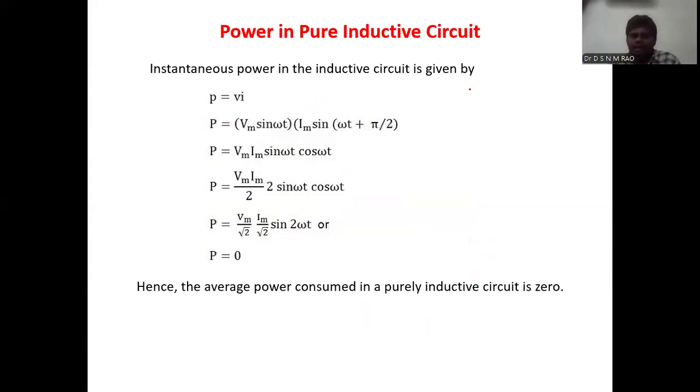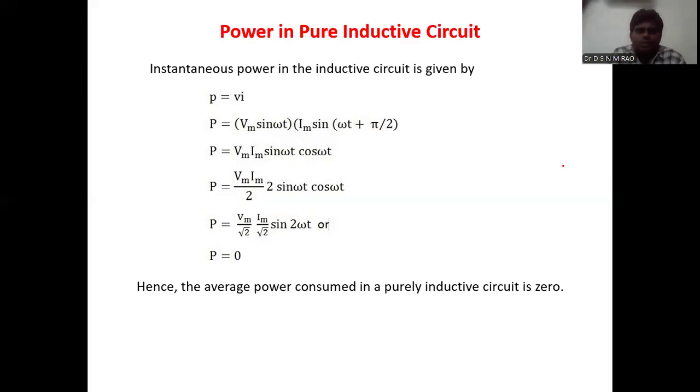So here we can calculate the instantaneous value of power. As we know, the instantaneous value of power p equals v into i. Instantaneous values are always represented by small letters.